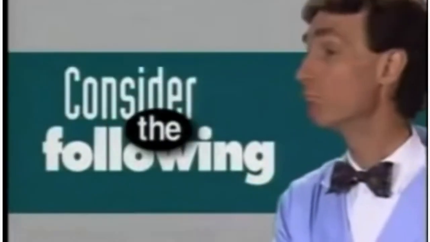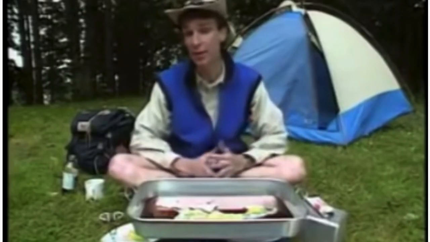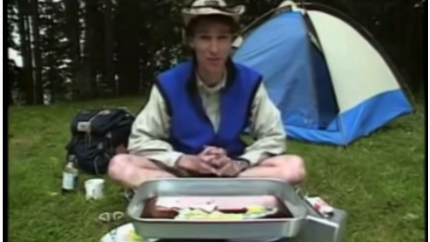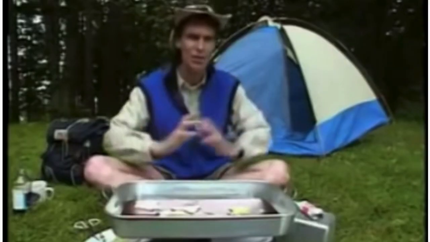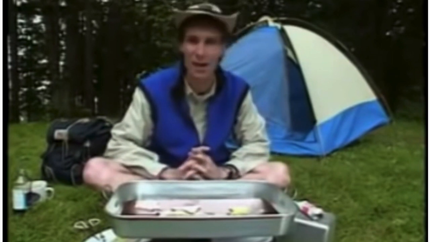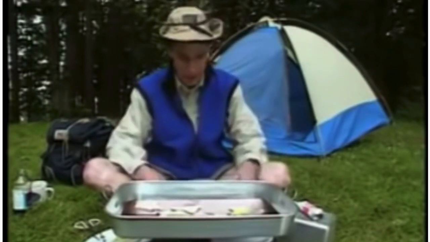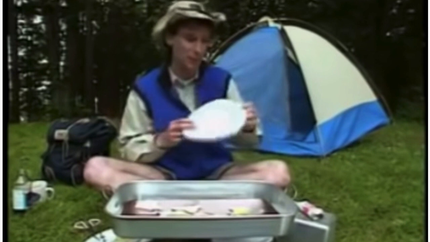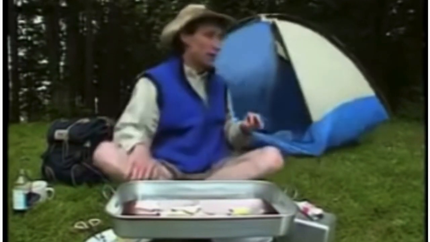Hello. Today on Consider the Following, I'd like you to consider the following. You and I are sitting on the Earth's crust, and it seems pretty solid, doesn't it? But now scientists believe that the Earth's crust is actually made of plates. Not cheap plastic picnic plates like this, but tectonic plates.